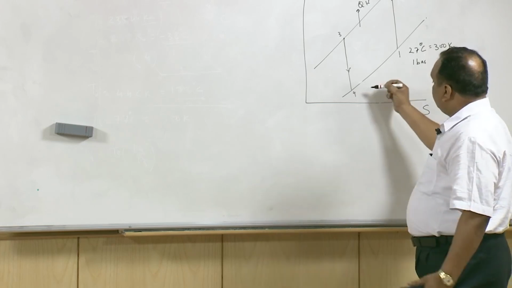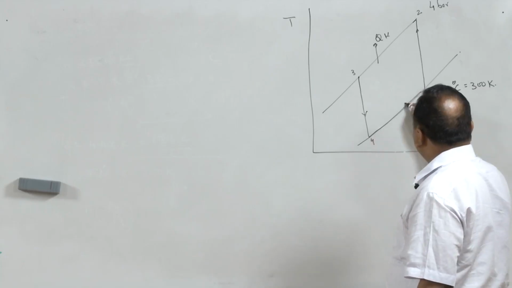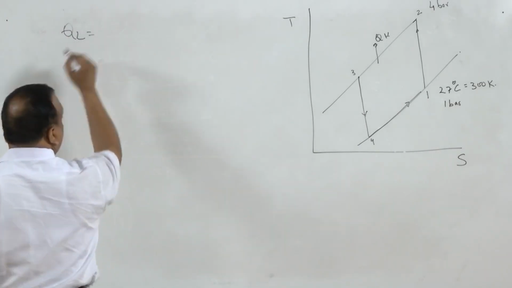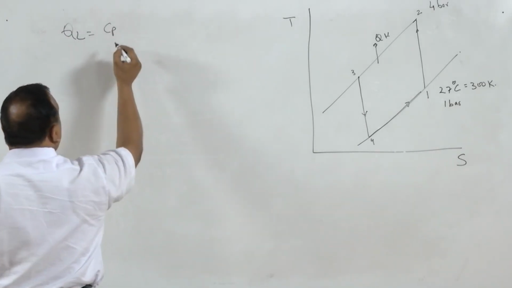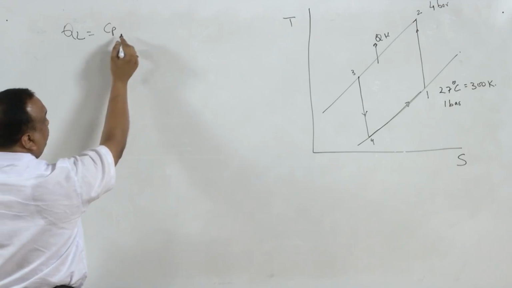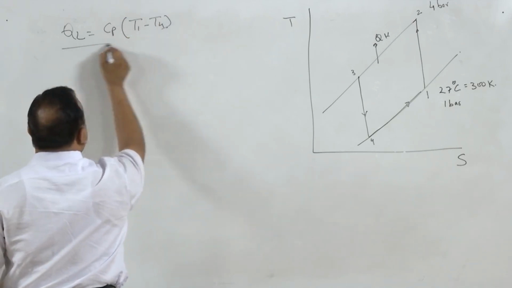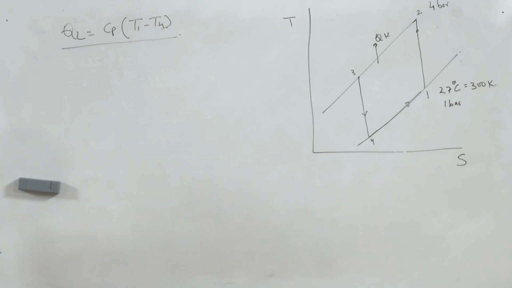During the refrigeration process, that is 4 to 1, the heat transfer, that is QL, is Cp, the specific heat of air at constant pressure, times T1 minus T4. This is the refrigeration effect we are getting in this cycle.